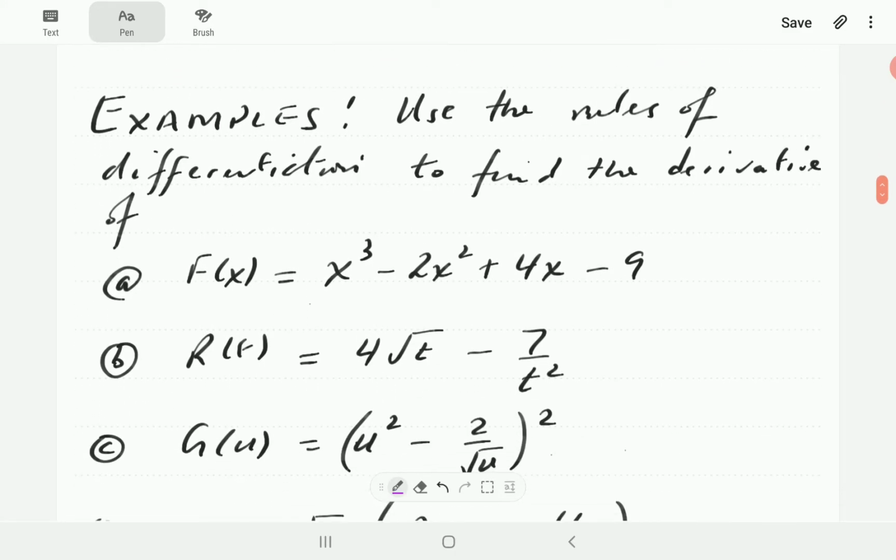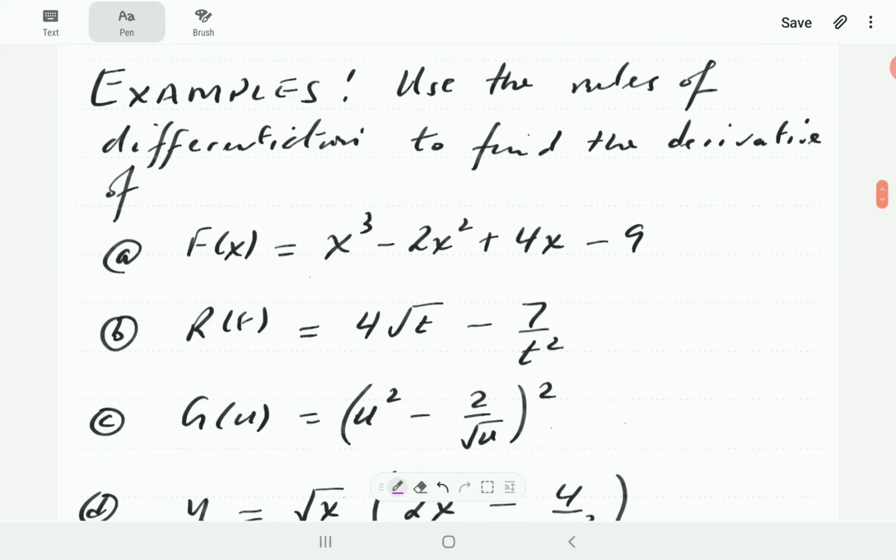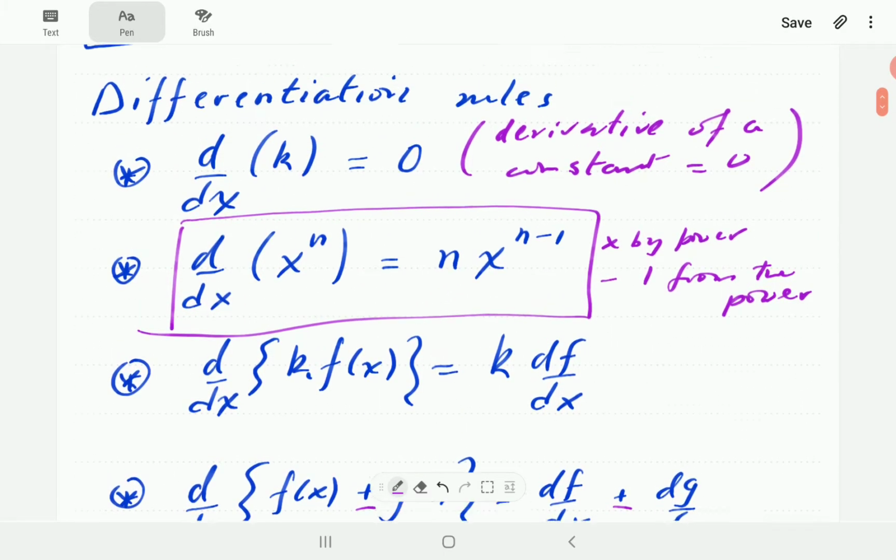All right, so let's have a look and work through some examples. Here we have several functions. We are going to find their derivatives using the rules of differentiation. In two previous videos, we used the limit definition, which takes a bit longer.